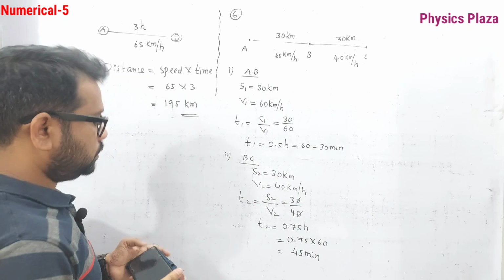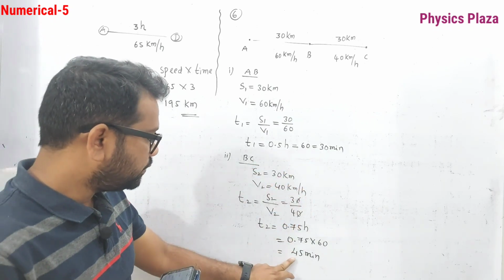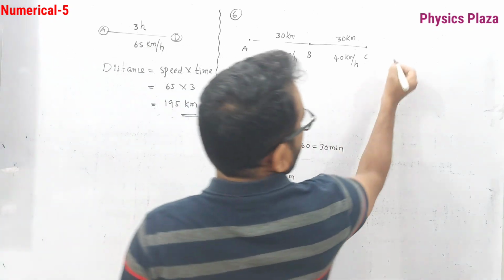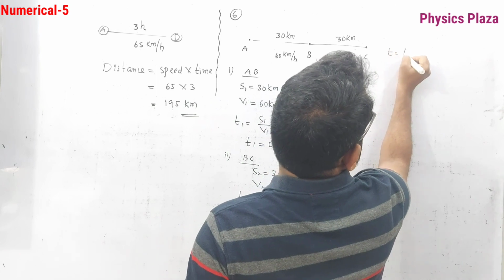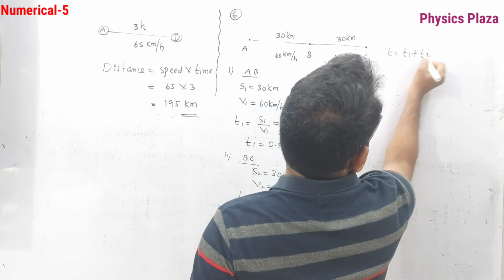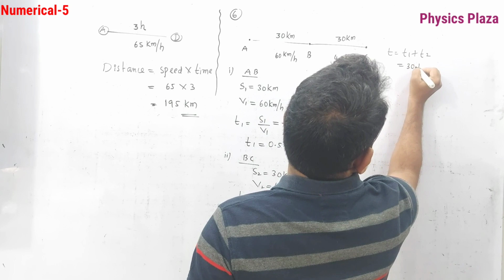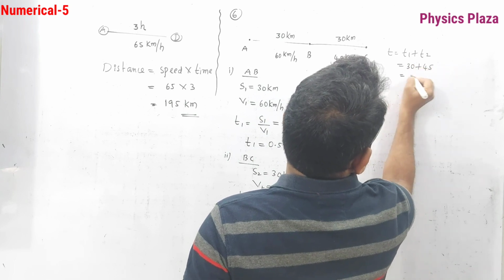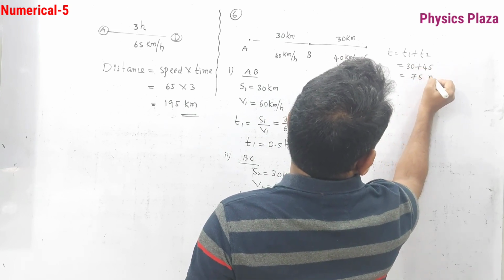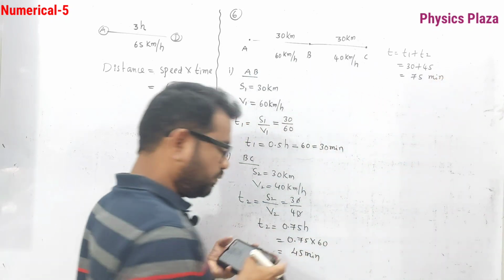So the first part is 30 minutes and the second is 45 minutes. The total time is how much, children? Total time T1 plus T2, that is 30 plus 45. So this will be 75 minutes, that is 1 hour 15 minutes.